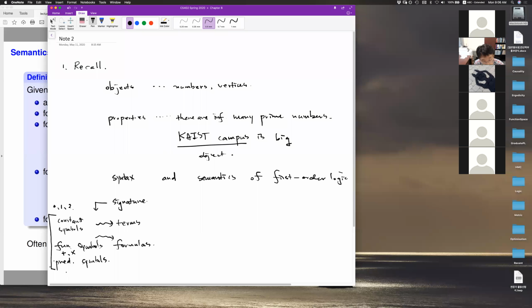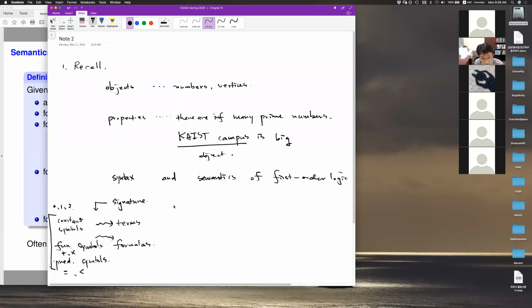Predicate symbols are very basic things that we can use to talk about properties of objects, like equality and less than. This is something that we can use to state some very basic facts. And from these very basic facts, we can construct something more complicated using quantifiers and logical connectives in first order logic.